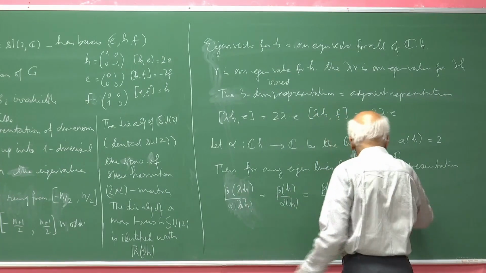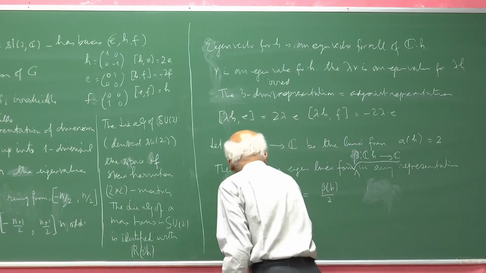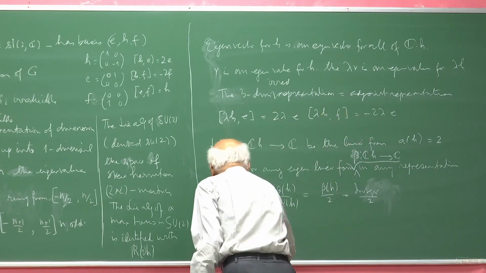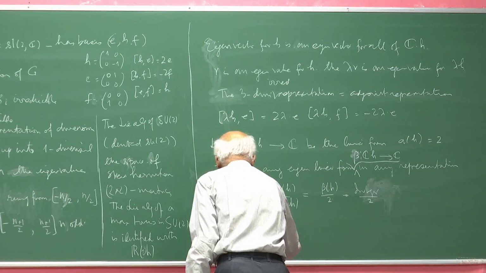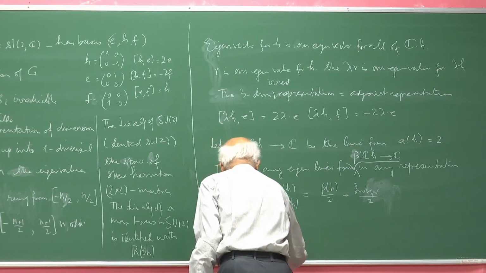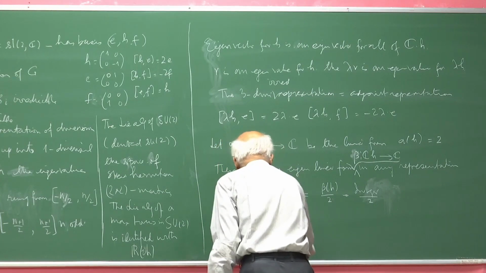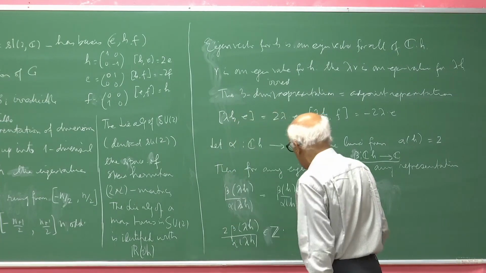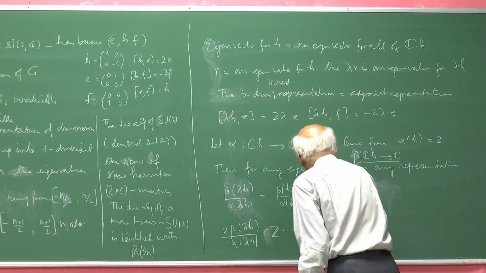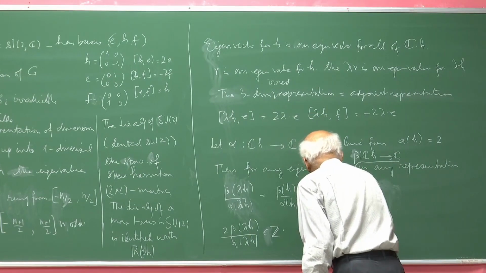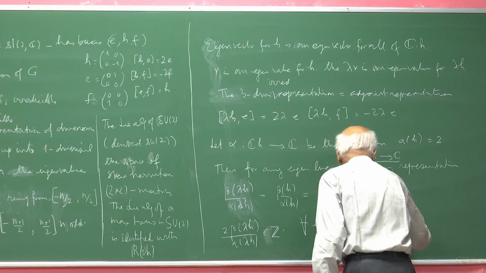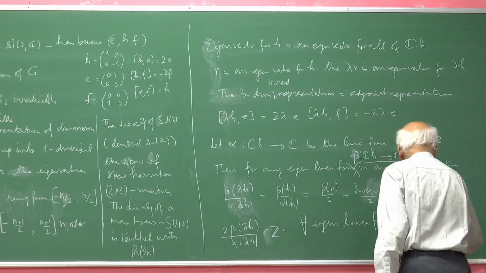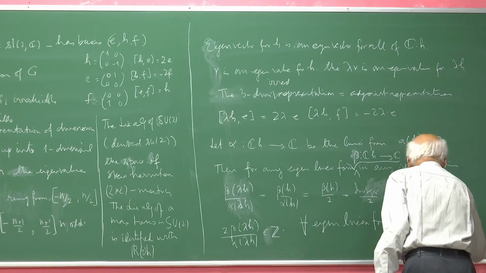So what has happened is this: twice beta of lambda H by alpha of lambda H is an integer, for every eigenlinear form on CH occurring in some representation.